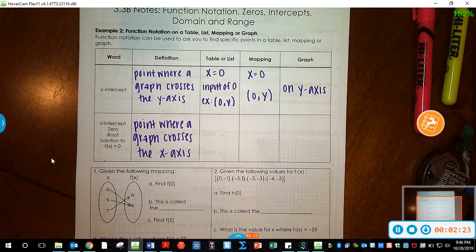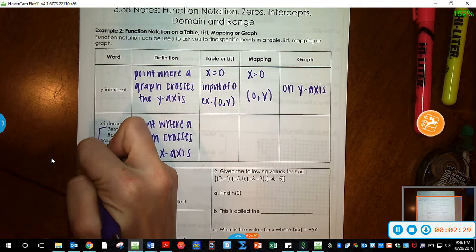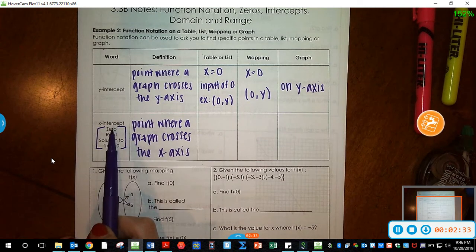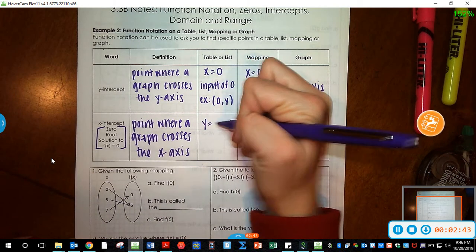The tricky part about the x-intercept, though, is it has 4 other names. We sometimes call it an x-intercept, a root, a solution, or where our f of x equals 0. Because this is also where y equals 0.